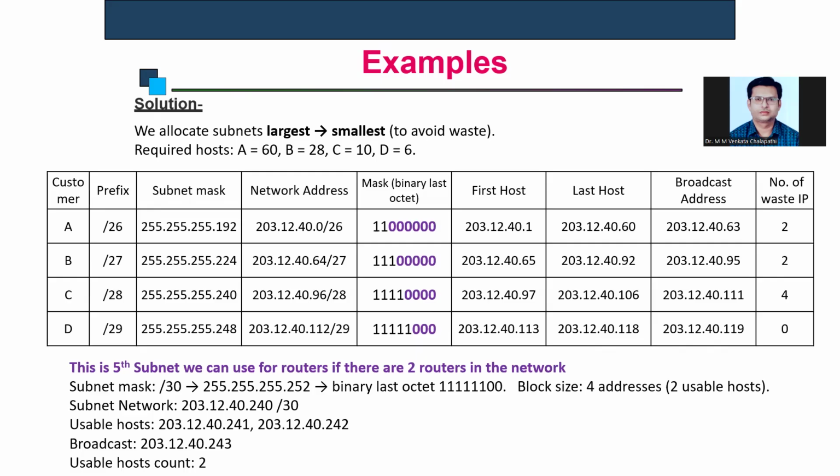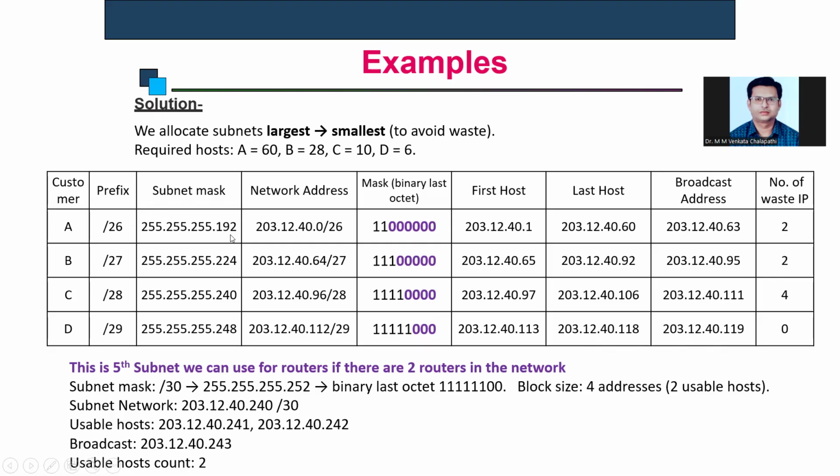Now in the IP address, the first 26 bits will be 1 and the rest will be 0. So the last byte is 1 1 and then 6 zeros. This becomes the subnet mask, that is 255.255.255.192.